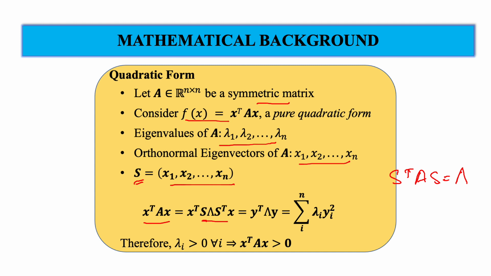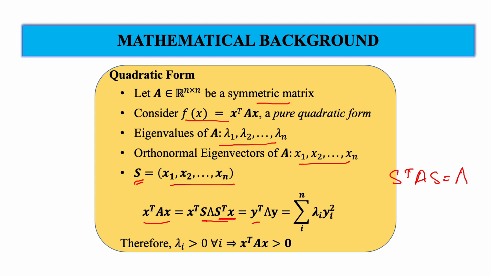So we can write x transpose Ax as x transpose S lambda S transpose x. Now let us define y as S transpose x. Since x is non-zero, y is also a non-zero vector.